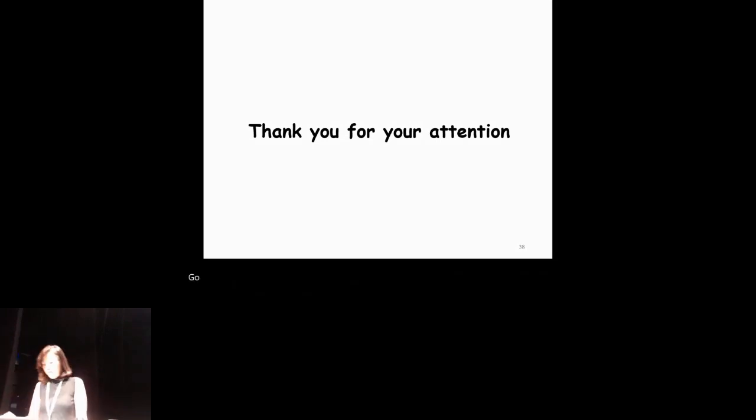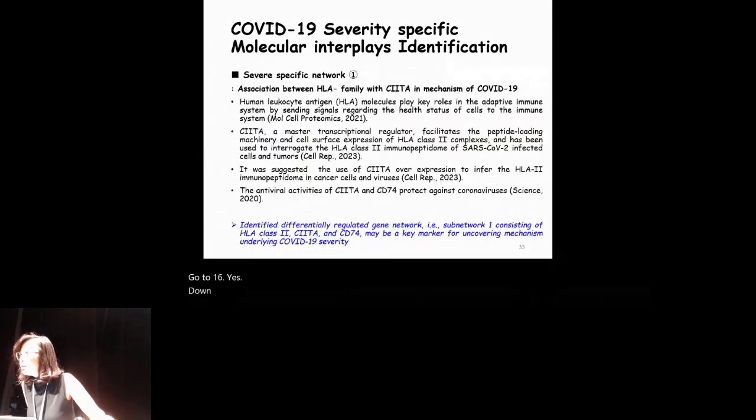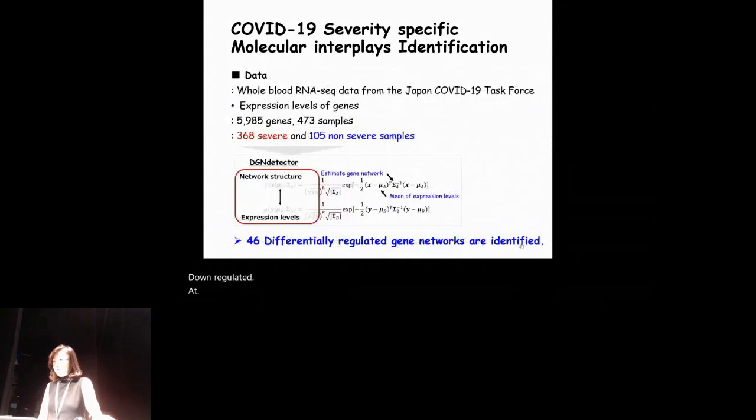Okay, any other question or comment? Okay. So, that 46 genes. Have you checked whether all those genes are upregulated or downregulated at this condition? In COVID-19, so you are saying these 46 differentially regulated gene networks. 46 networks.